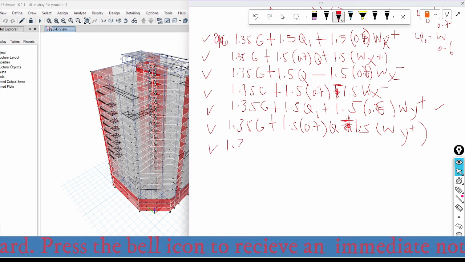and the other 1.35 times the permanent load plus 1.5, that is the third one, this one, times the variable load, minus 1.5 multiplied with 0.6 times the wind in the y negative direction, this one.